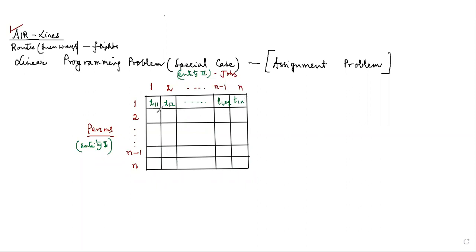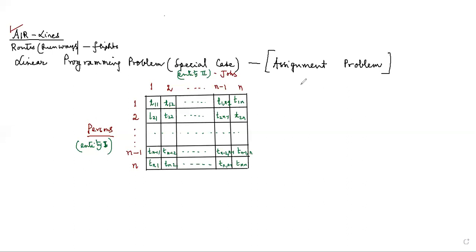So we can put all the T's in this manner, and lastly we'll get Tnn. All these T's are actually times.